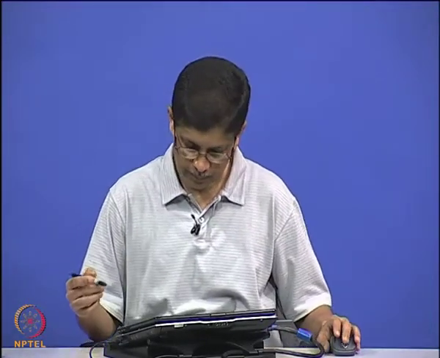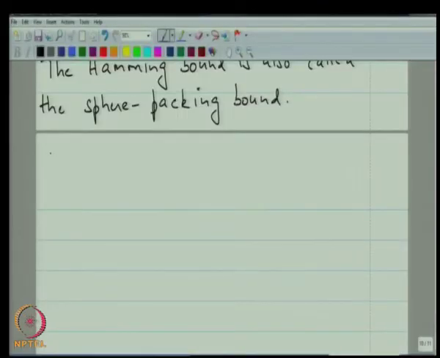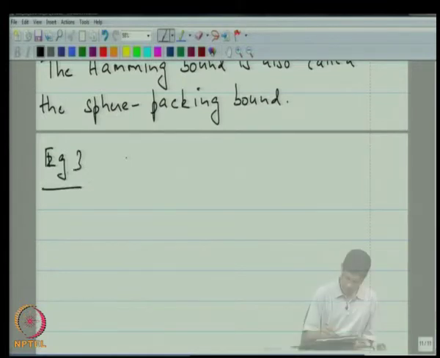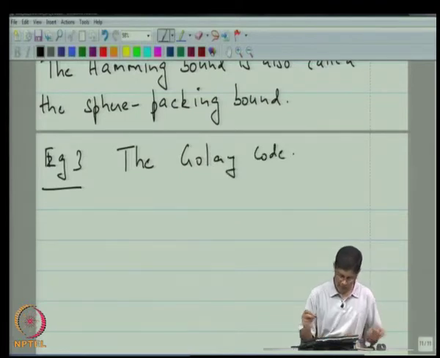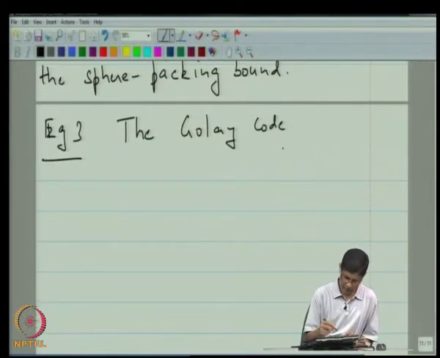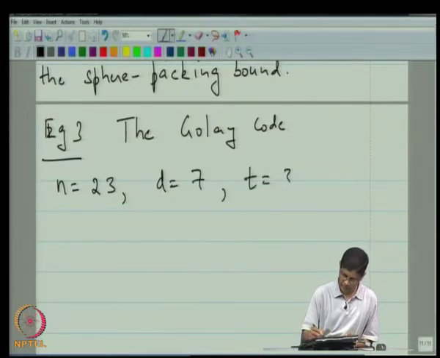So, here is what he did many years ago. This class of code is called the Golay code, and it arose from the following calculation. Suppose you take n to be 23 and d to be 7, in which case t is 3.